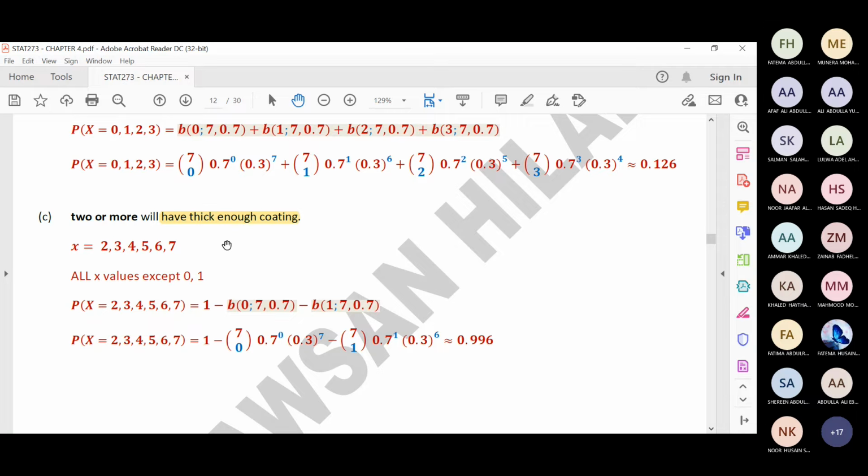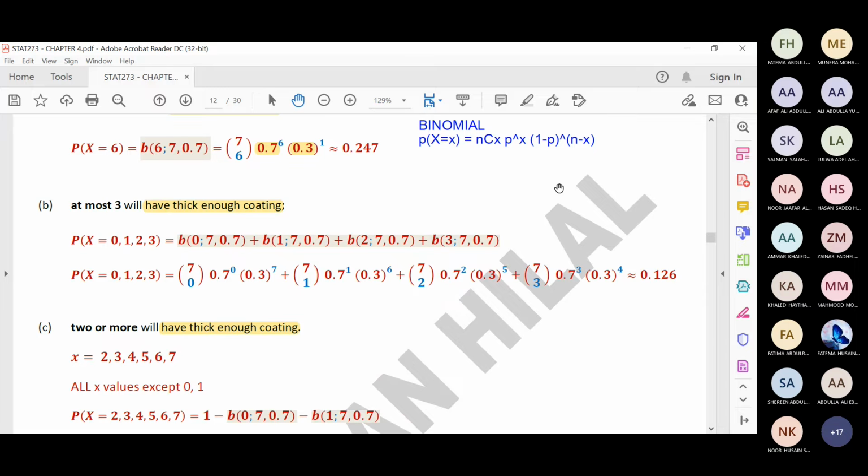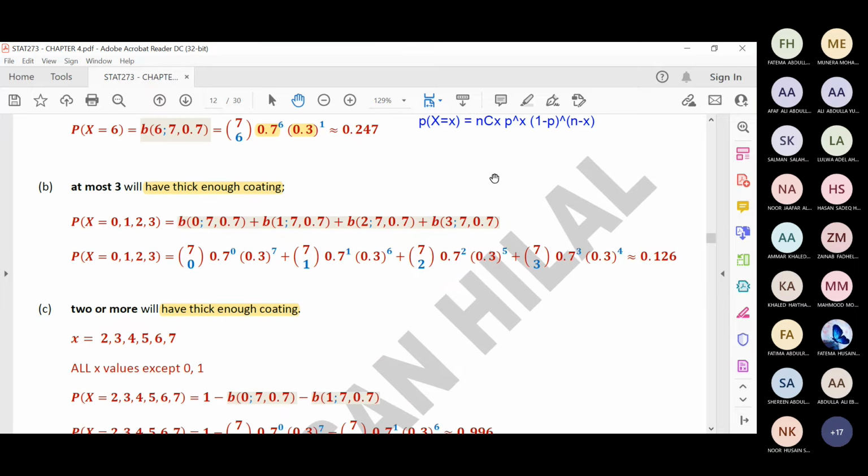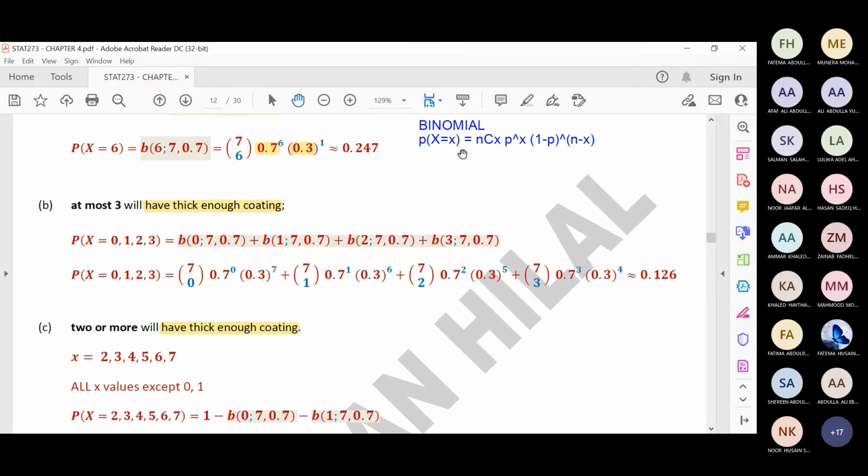Now if you think about how to solve this question, I would say use this formula for x2, use it for x3, x4, x5, x6, and x7, and then add them all together. Yes, this is correct, but it's long.